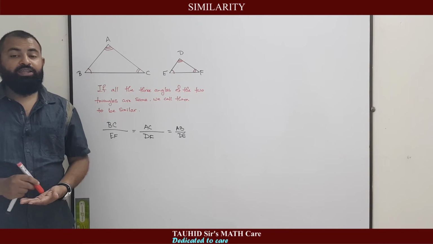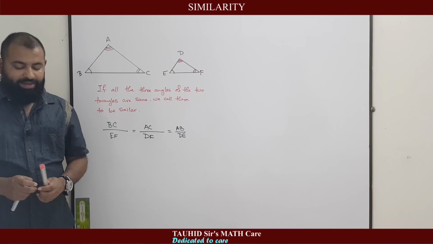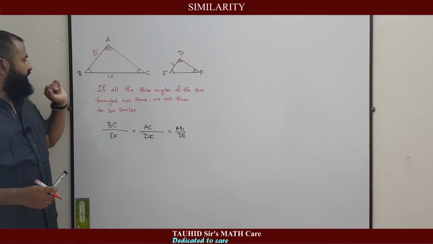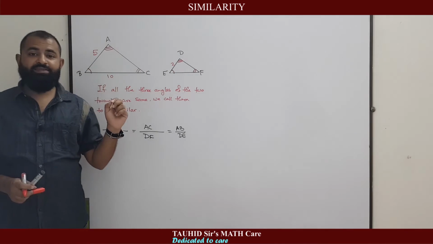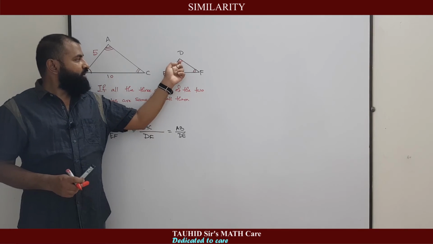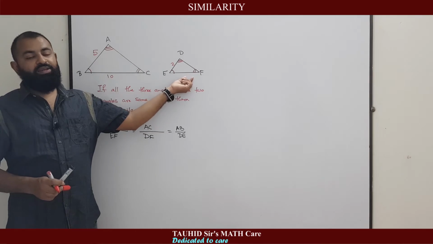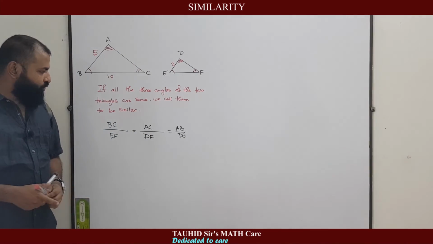From here, I can show you an example that frequently comes in your O-level exam. For example, you are given here that the size of AB is 5 cm and the size of BC is 10 cm. You are also given that the size of DE is 2 cm. You are asked in the question what is the size of EF? How to solve it?